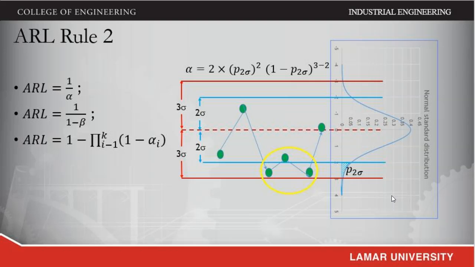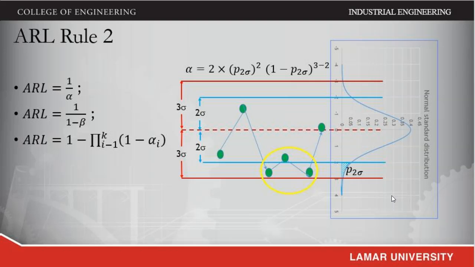So in summary, for that second rule, you compute the probability of falling between 2 sigma and 3 sigma, and that is your probability of success for the event of falling there. Now you use that as the p for a binomial distribution with 2 successes out of 3 attempts, and that would give you the one-sided probability.